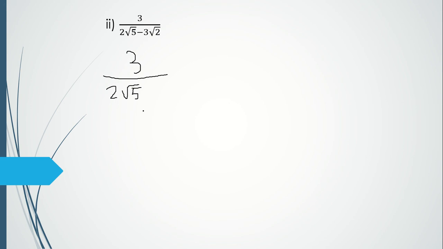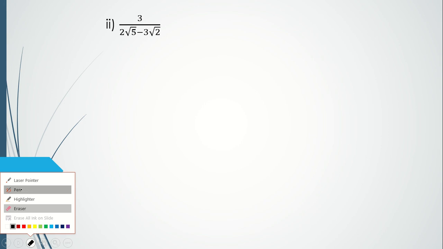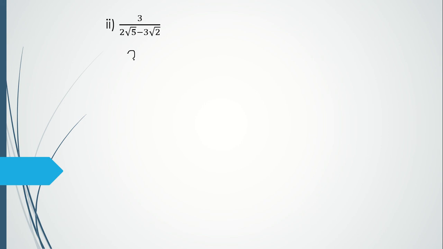One minute, let me just erase it and write it properly once again. 3 upon 2 root 5 minus 3 root 2.